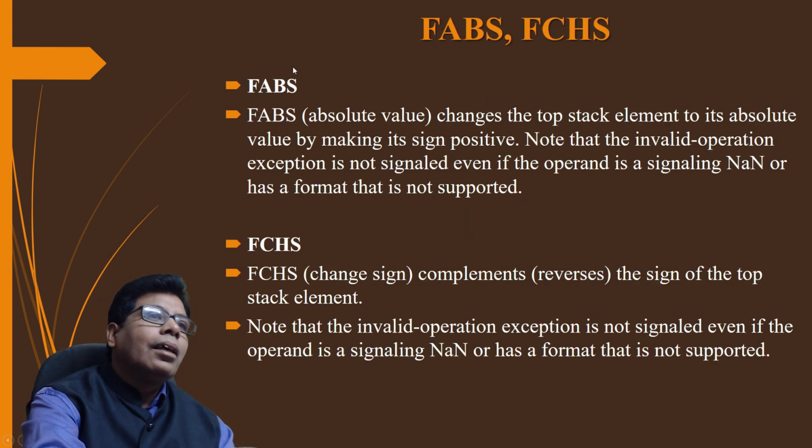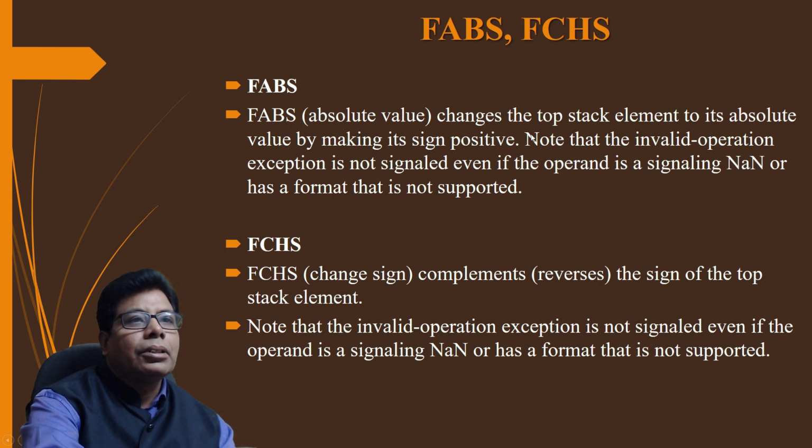Then FABS and FCHS. Now FABS, that is the absolute value, changes the top stack element to its absolute value, just by making its sign positive. So whatever the MSB, the sign, it will be cleared and it will be positive.